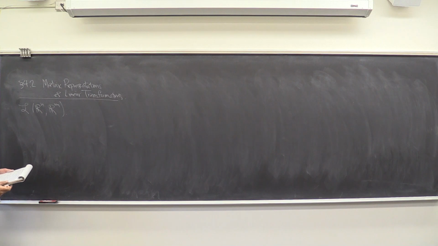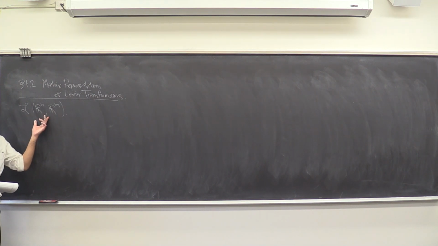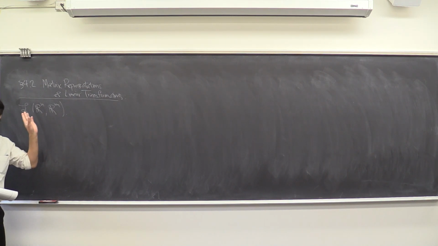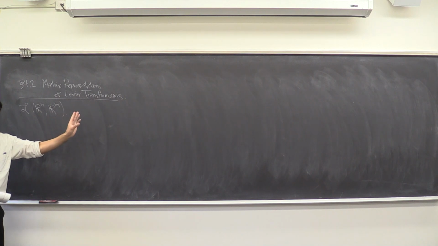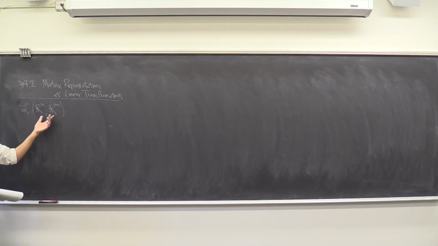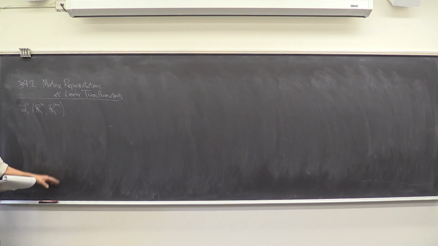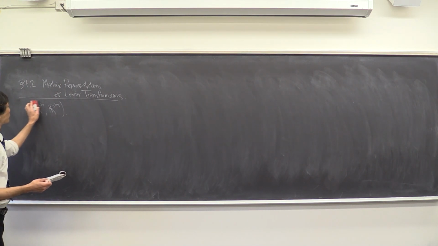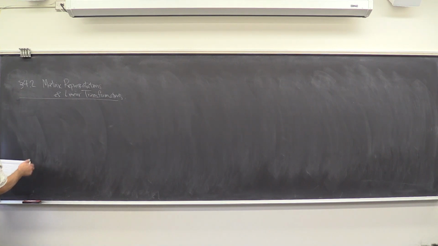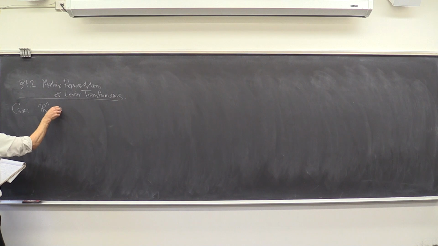Later on we'll do it for something like the derivative, which is a linear transformation from some abstract vector space to some other abstract vector space. But right now we're just going to think about linear transformations going from Euclidean space to Euclidean space. So the case of Rn to Rm.